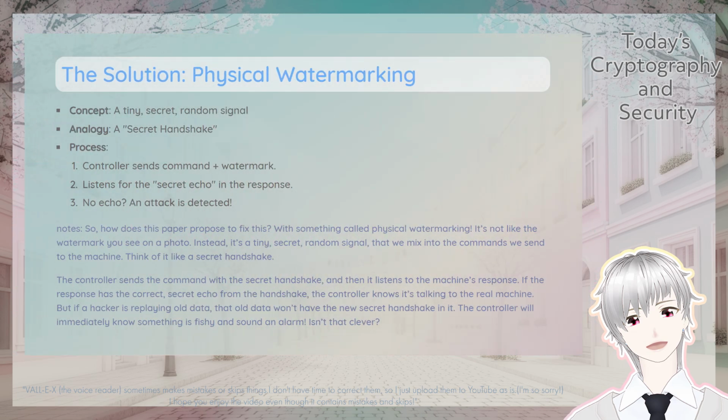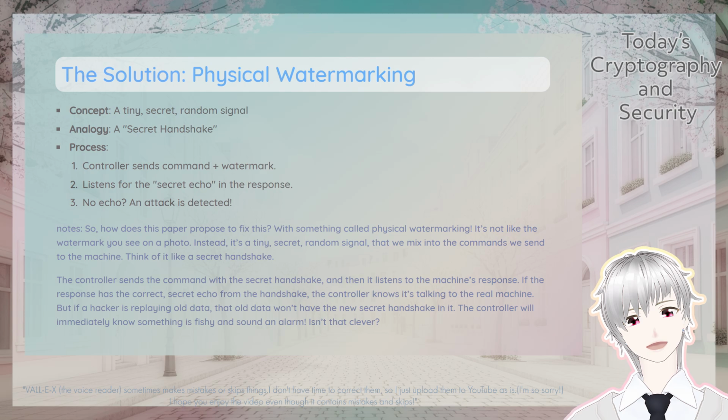So, how does this paper propose to fix this? With something called physical watermarking. It's not like the watermark you see on a photo. Instead, it's a tiny secret random signal that we mix into the commands we send to the machine. Think of it like a secret handshake. The controller sends the command with the secret handshake, and then it listens to the machine's response.